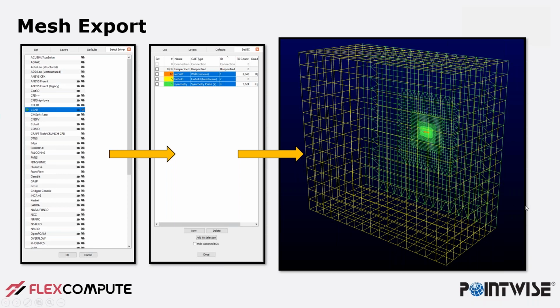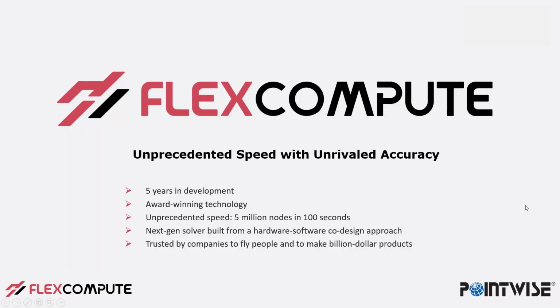Yes, this is Chi-Chi Wang. I'm an associate professor in the Aeronautics and Astronautics department at MIT, and I am one of the co-founders of FlexCompute. We founded FlexCompute 5 years ago to develop an approach of integrating co-designing hardware and software to vastly accelerate computational simulations.